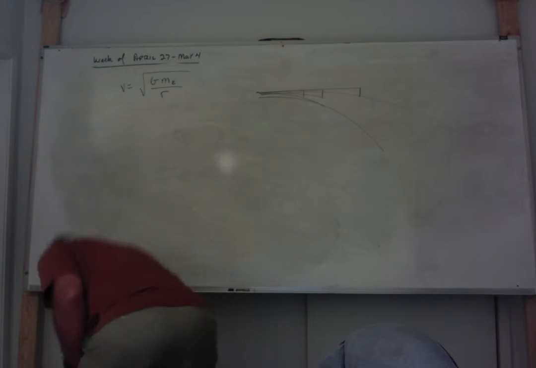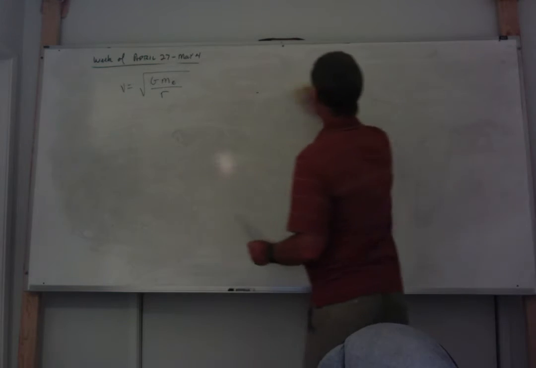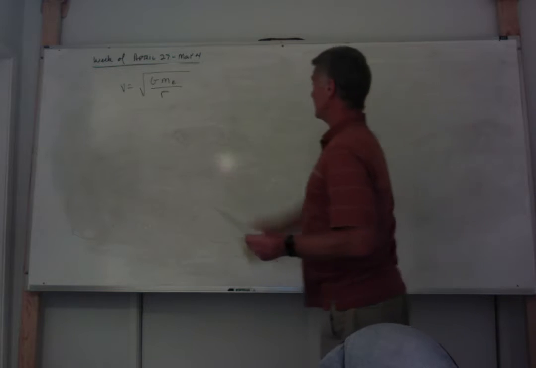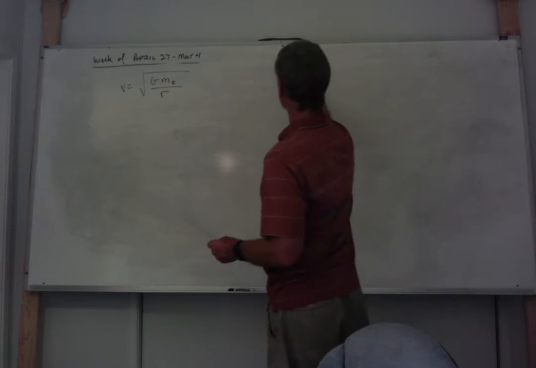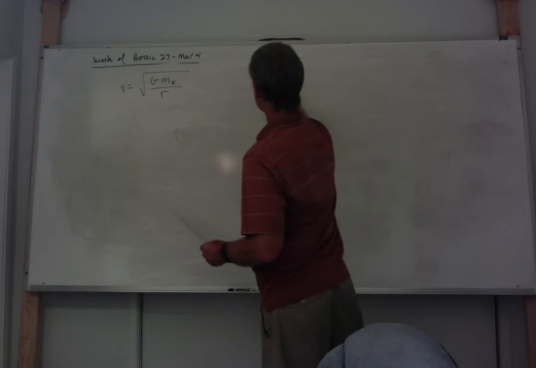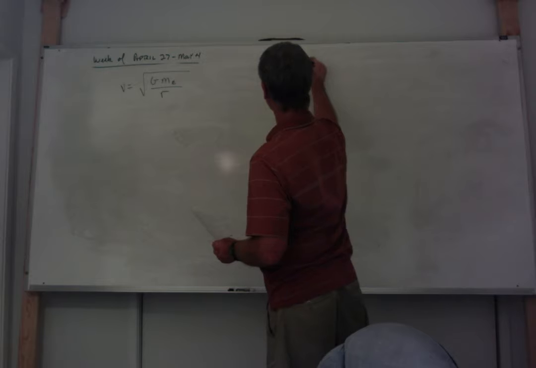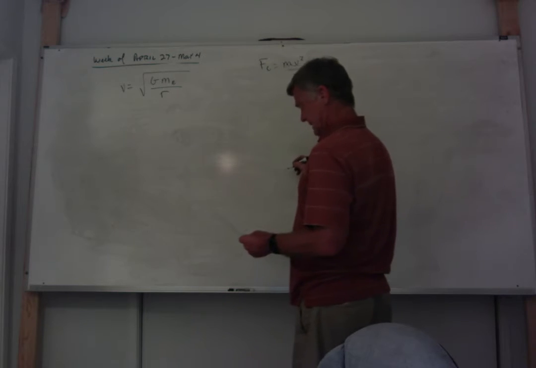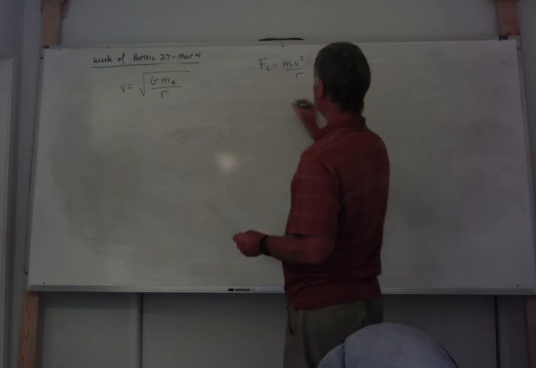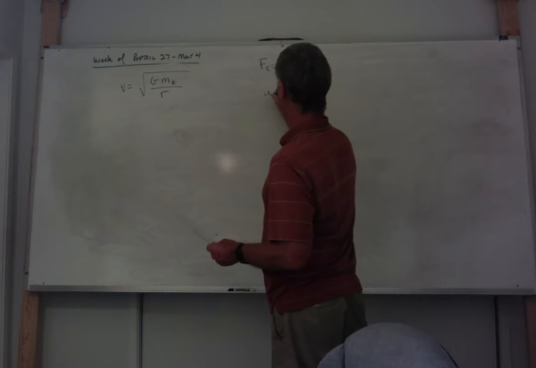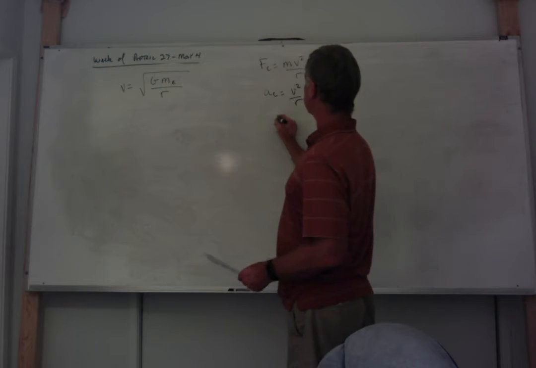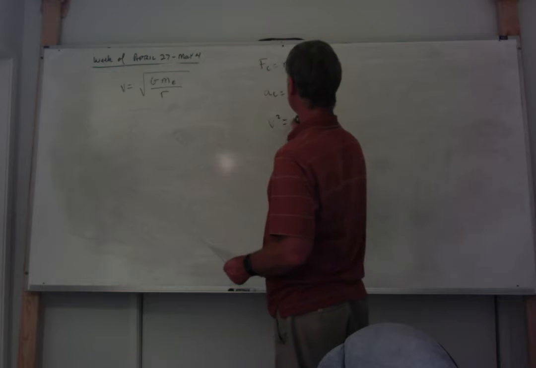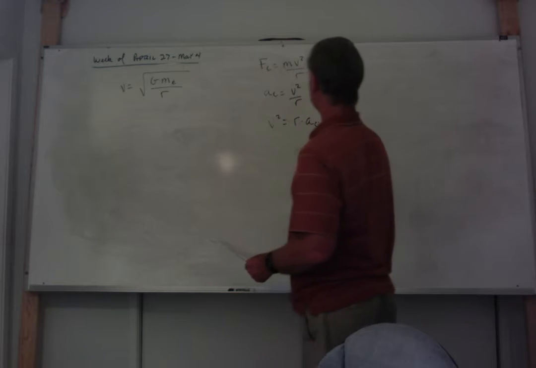This equation comes from our centripetal force equation. If you remember, there was an equation for centripetal force that was Fc is equal to mv squared over r. That means that the centripetal acceleration was v squared over r, which means that v squared is equal to r times centripetal acceleration.